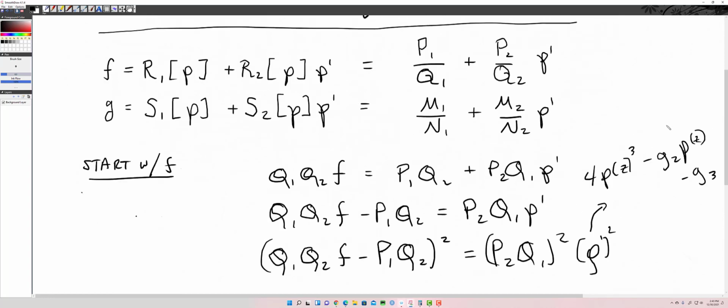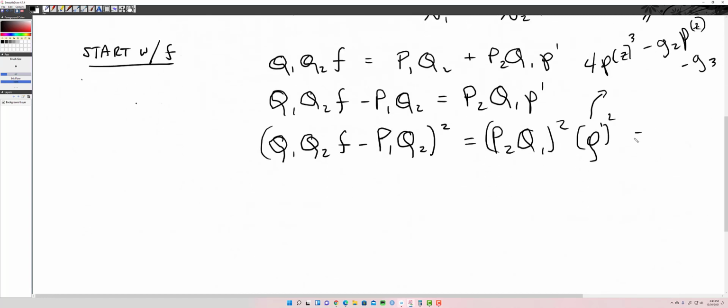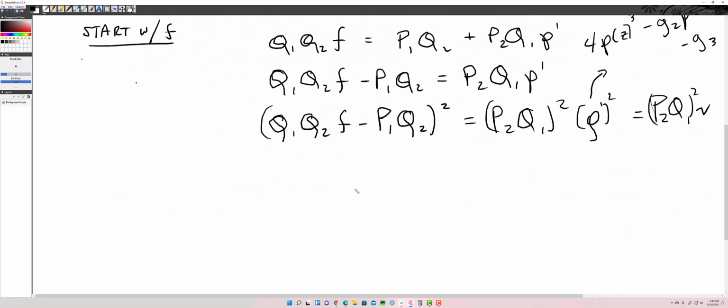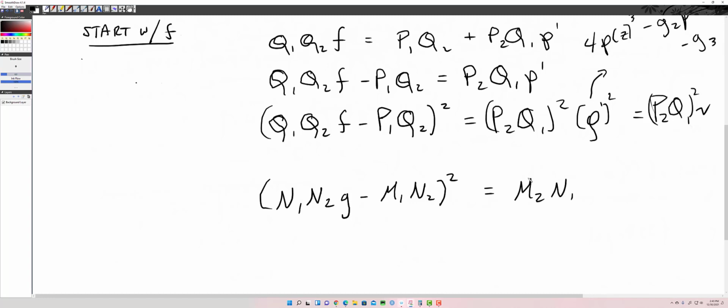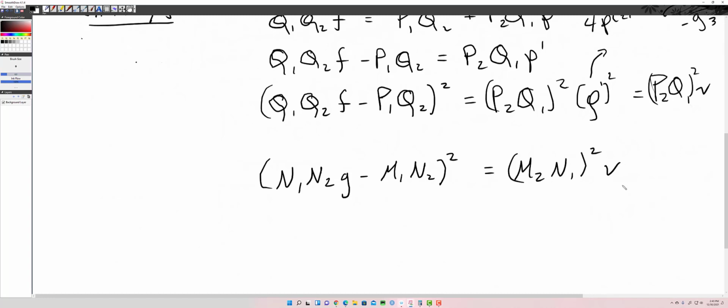So this is another polynomial, and I'll call this V. I'm going to do the same thing with G, and what I get there is n1 G minus m1, quantity squared, equals m2 n1 quantity squared V.